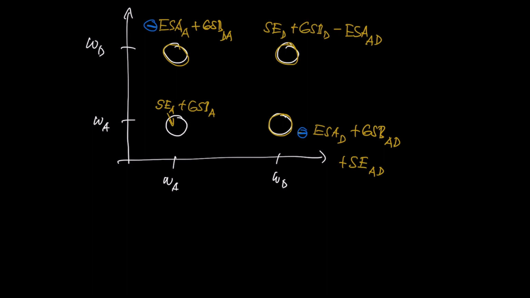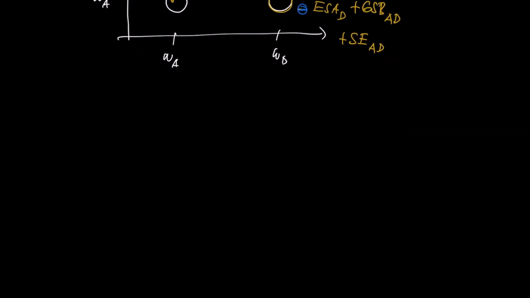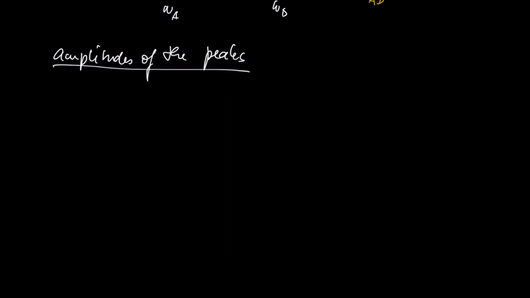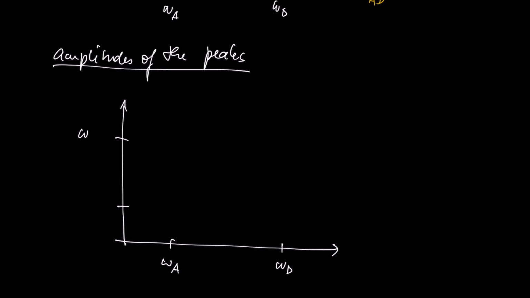The first thing we'll try to do will be to calculate the expected peak amplitudes of the spectral features in the 2D spectrum. So amplitudes of the peaks are a combined result of the strength of the transition dipole moment factor and the weighting with the evolution operators or superoperators.